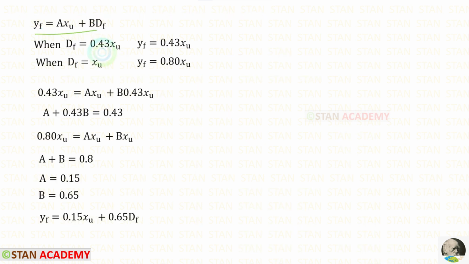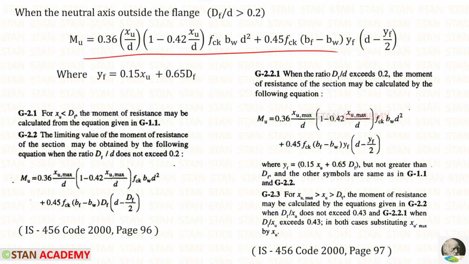In this one, we can apply these two so that we will get this equation. And again, in this equation, we can apply these two so that we will get this equation. We can solve these two equations. In this way, we will get A and B. We can apply both of them in this one so that we will get this one. The same equation can be found from the IS 456 code book, page number 97.